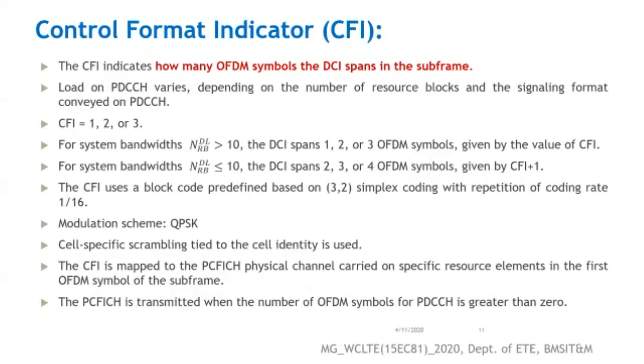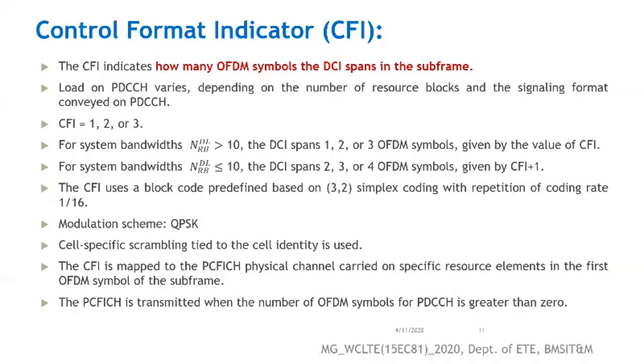Here I have written the number of resource blocks in the downlink. If it is greater than 10, then the downlink control information spans 1, 2, or 3 OFDM symbols. That will be given by the value of CFI, that is control format indicator.